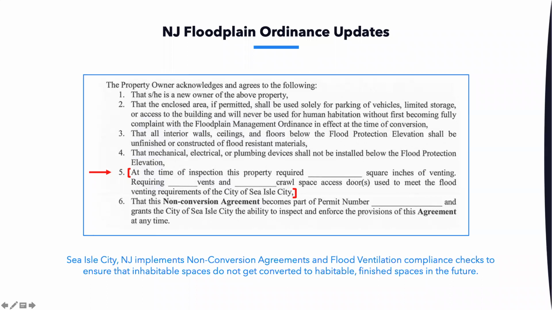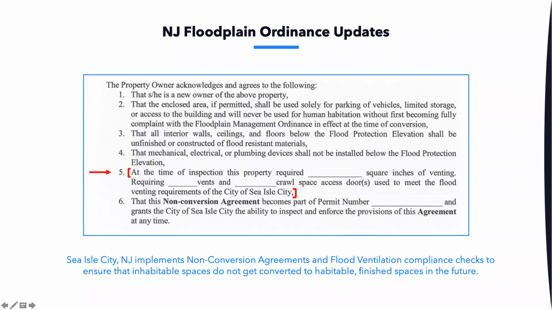About 15 years ago, Sea Isle City, New Jersey, was almost kicked out of the National Flood Insurance Program. When that happens, nobody in the community can buy insurance through the program. The reason was the previous code officials were allowing people to build garages underneath their house that were below the base flood elevation, and then they were converting those rooms into bedrooms, bathrooms, game rooms, and so forth, which is a big no-no for FEMA.